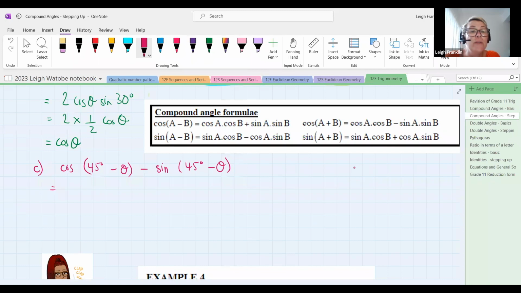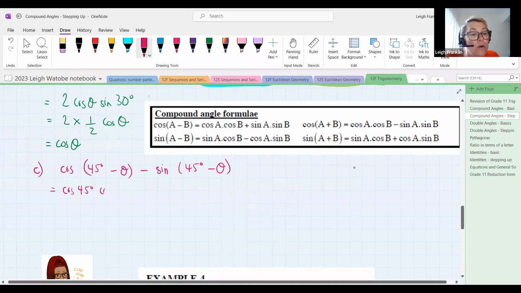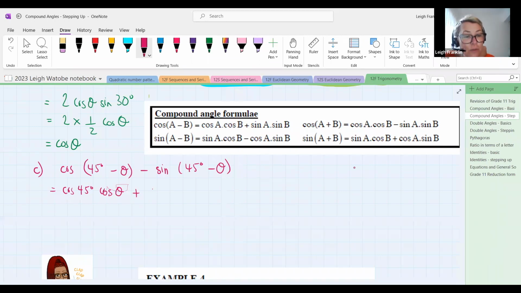So we can see that we're dealing with a cos compound angle. Cos doesn't keep its sign. So we would expand this as cos 45 cos theta plus sine 45 sine theta.